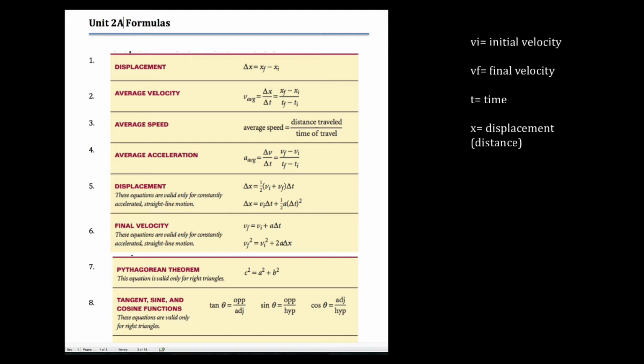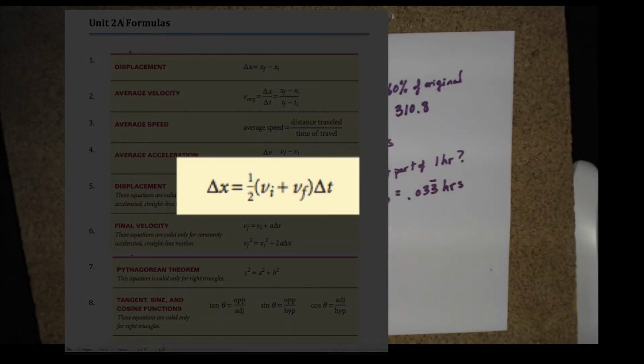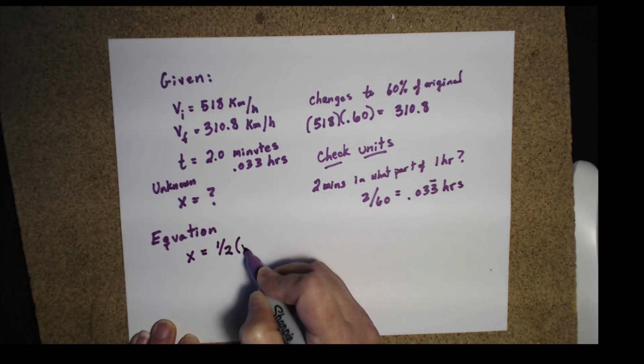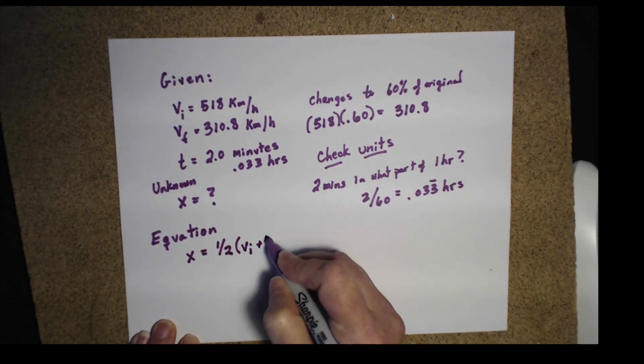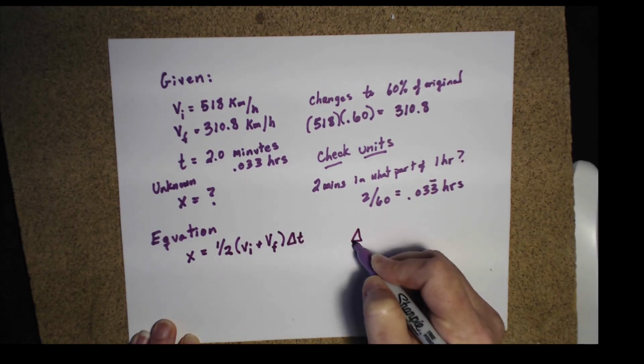Note that the delta sign, the triangle, means change in, and that is not a separate variable. Did you find the correct formula? x equals 1/2 the initial velocity plus the final velocity times the change in time.